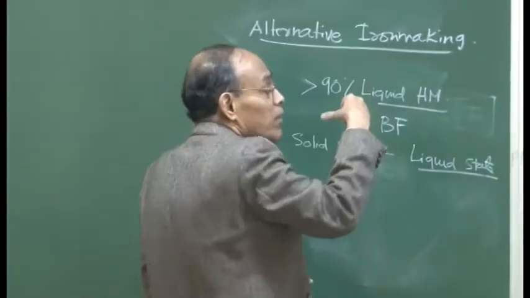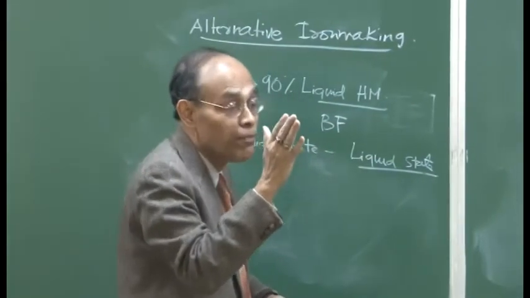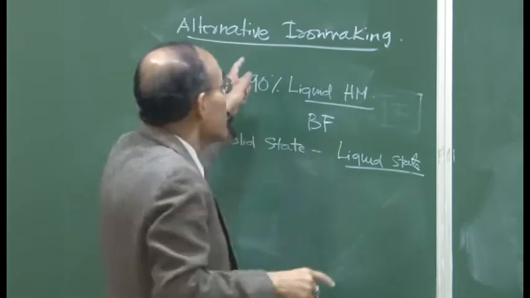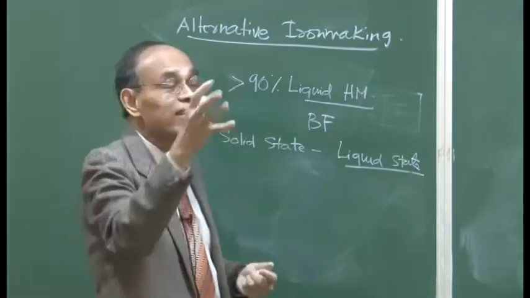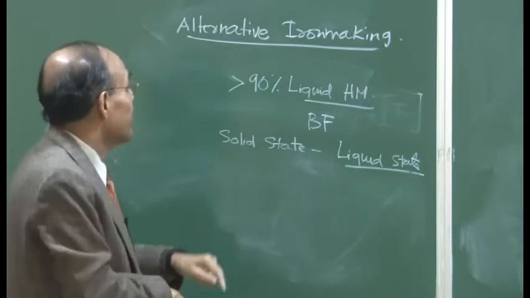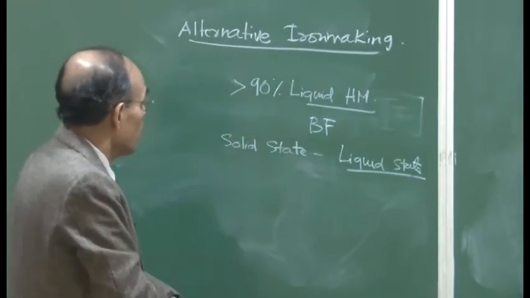That means that if you want to replace blast furnace, the objective would be that the process has to be coal based rather than coke based, because blast furnace is heavily reliant on metallurgical grade of coke.